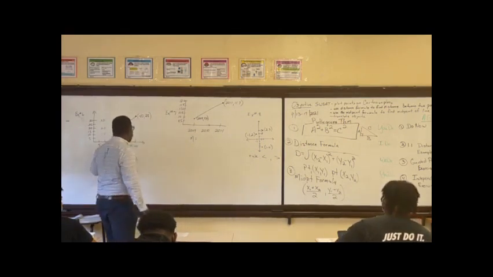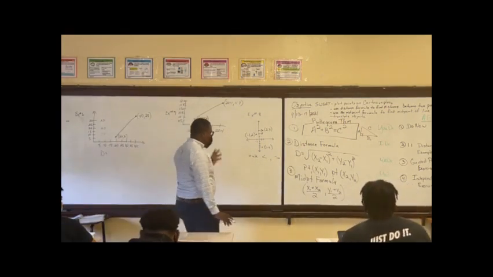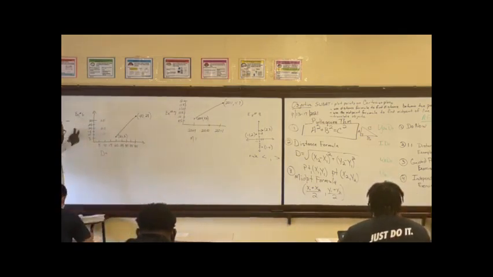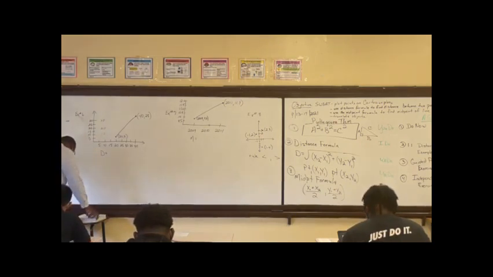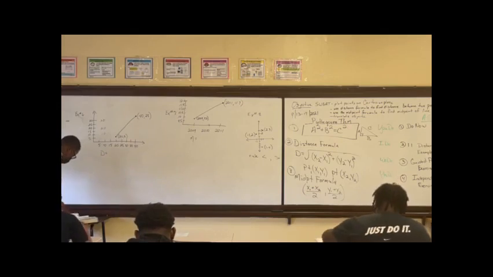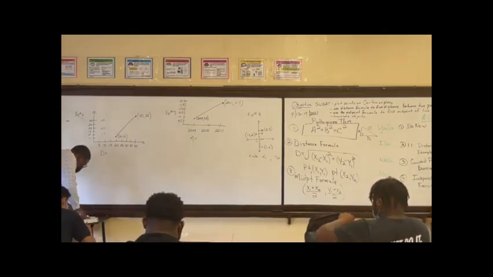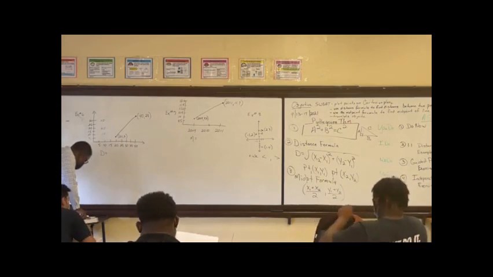Alright, so we're going to do some application of it. Example number 6, you should have examples 1 through 5 down that we covered the other day. Example number 6 is in your book on page 6. It starts off talking about a football quarterback.